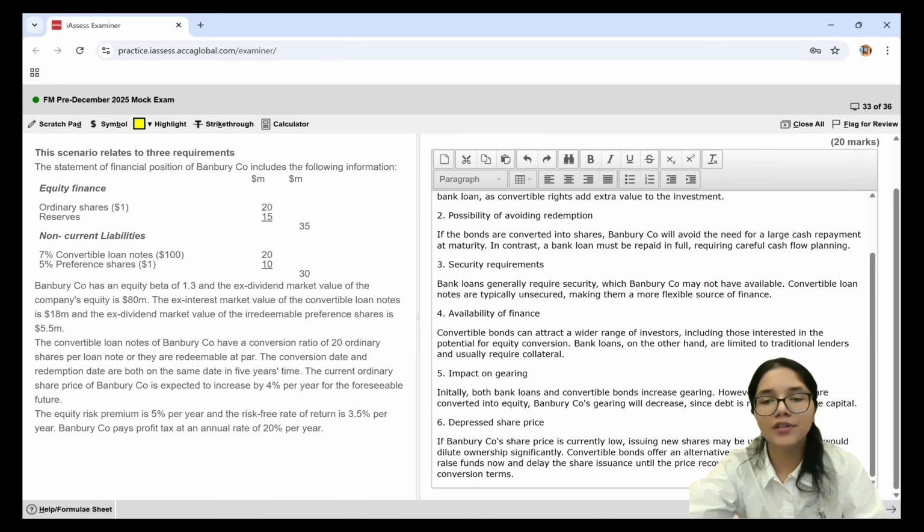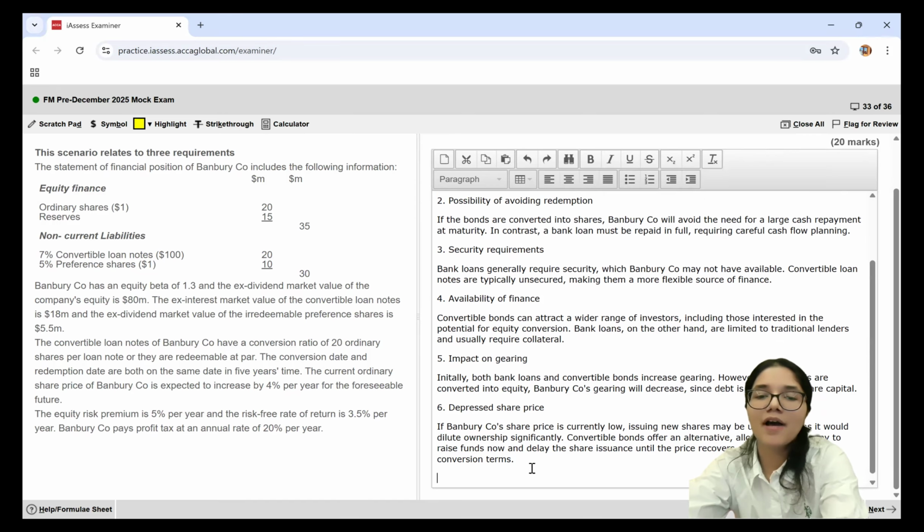Talking about the fourth aspect, another reason why companies will prefer convertible loan notes over a normal bank loan is the availability of finance. How? If you talk about convertible bonds, many investors will be attracted by convertible bonds. Why? Because some of them may also be interested in getting converted into equity.